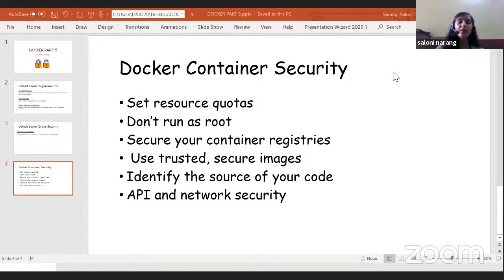Allow only trusted users to control your Docker daemon by making sure only trusted users are members of your Docker group. So always make sure that your trusted users are members of your Docker group. And I will be sharing one article for this best practice, so that you can go through it and avoid the daemon attack surface.